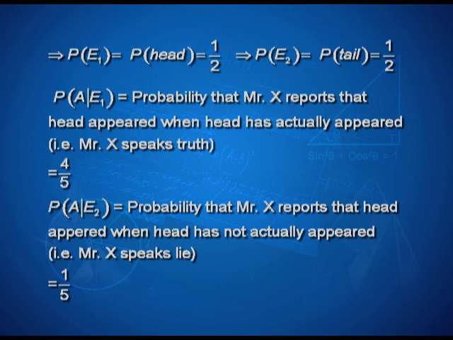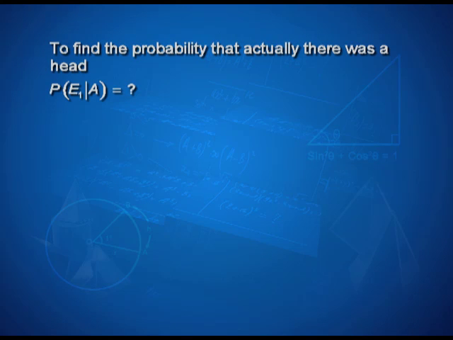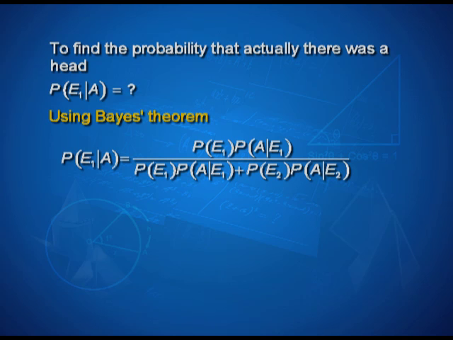So, we have all the information that we want, that is the probability of E1, E2 and the probability of A given that E1 has happened, probability of A given that E2 has happened. What is the probability that actually there was a head is same as finding out the probability of E1 given that A has occurred. That is, it was reported as a head when head had actually occurred.